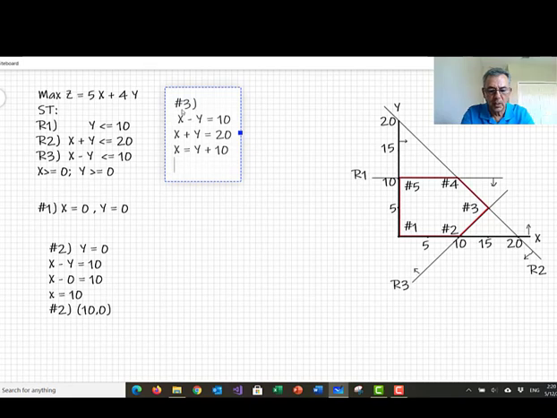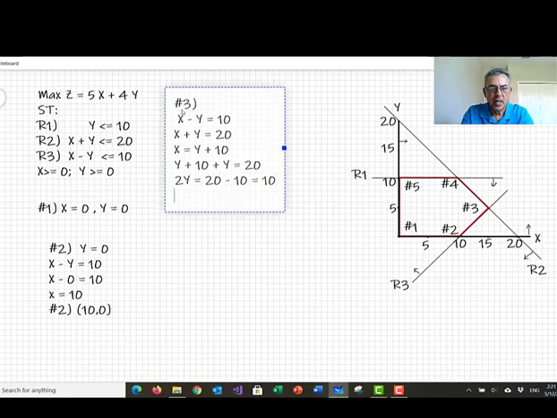So that will be y plus 10, which is x, plus y is equal to 20. Then we simplify the result, so there will be 2y, and we take 10 to the other side, it will be 20 minus 10, which is equal to 10, and that would give us the value of y equal to 5.